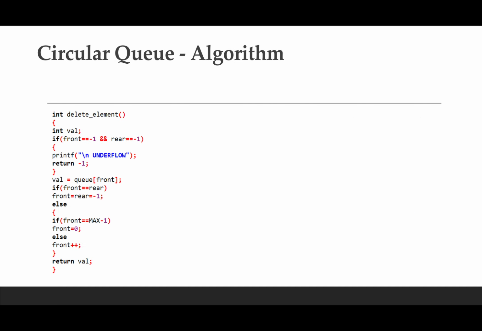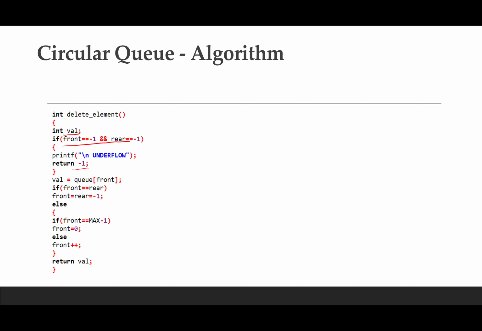Okay. So this is the code for the circular queue. First we are declaring the variable VAL and we are checking the condition front is equal to -1 and rear is equal to -1. Front equal to -1 and rear equal to -1 means the particular queue is empty. So we apply the underflow condition and it will return -1.